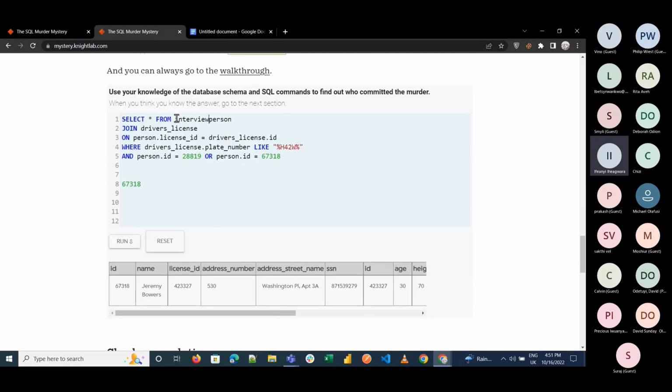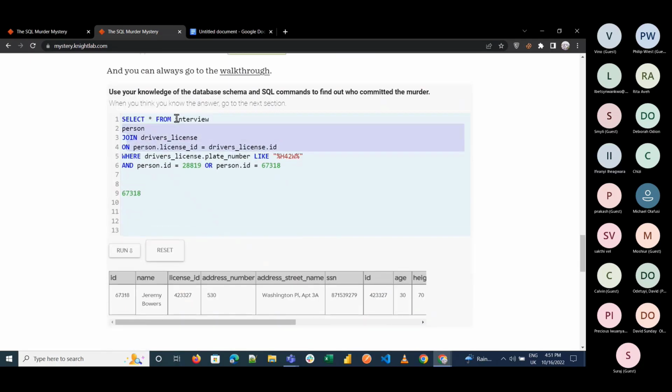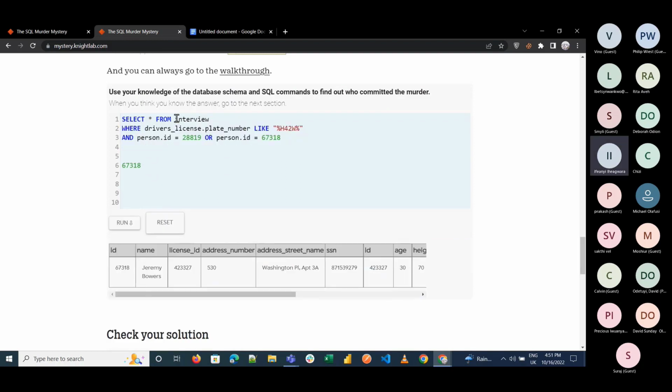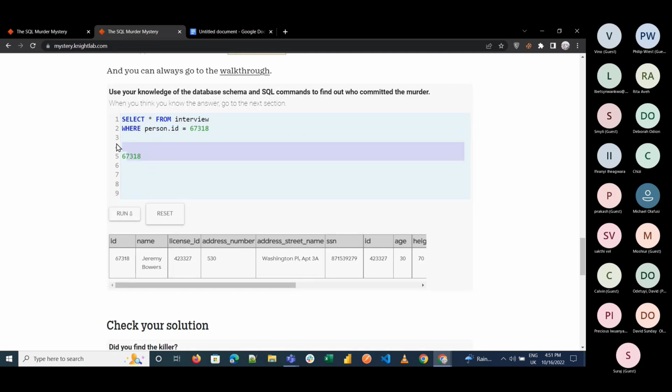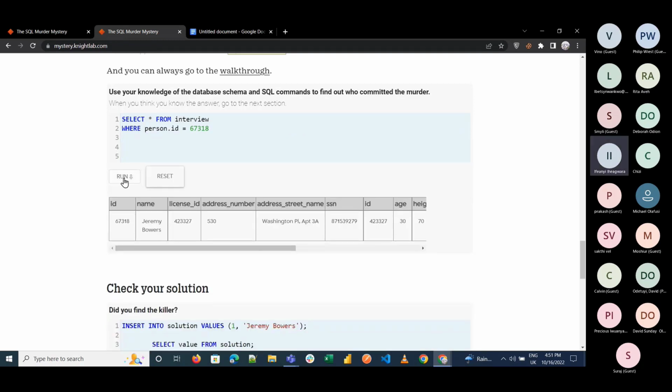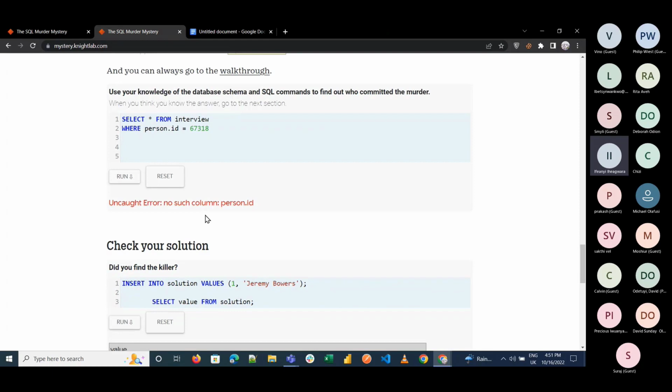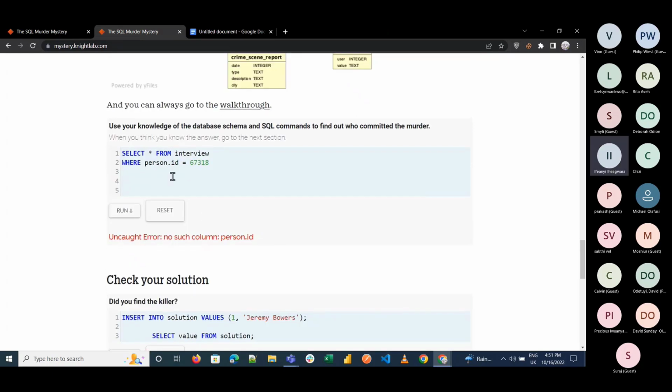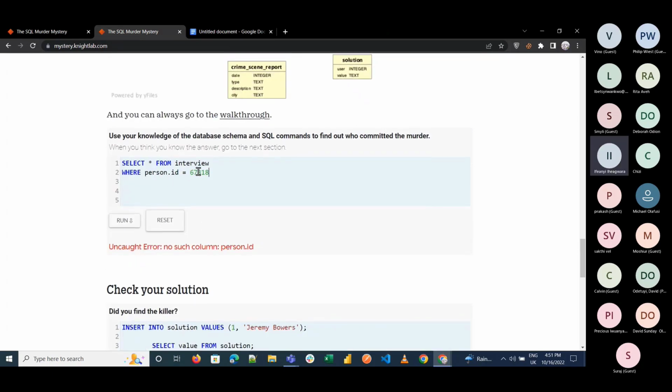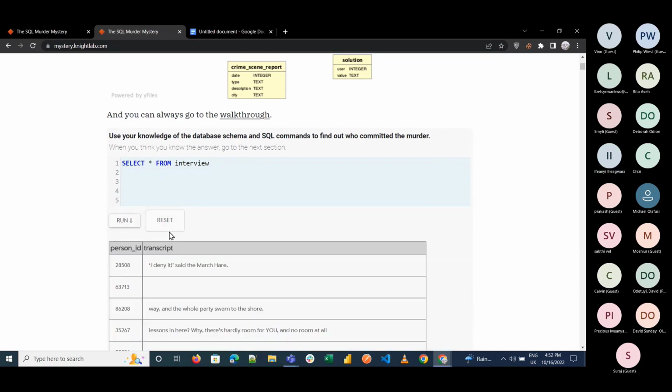Okay, so where the person's id is equal to this. So I run this. In the interview table, the ID column was given a different name.